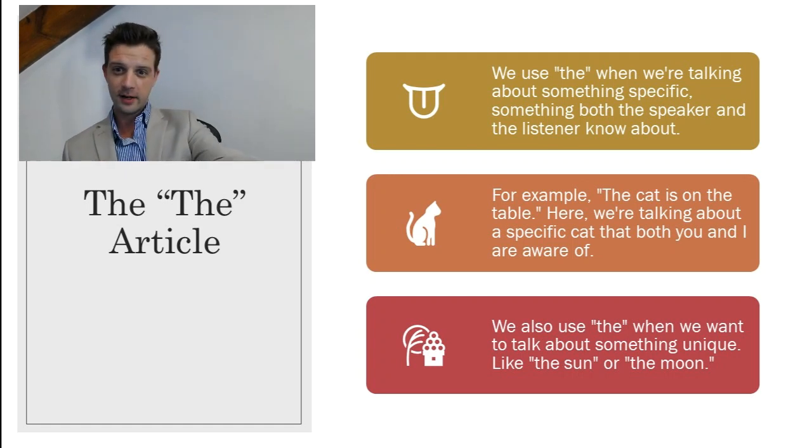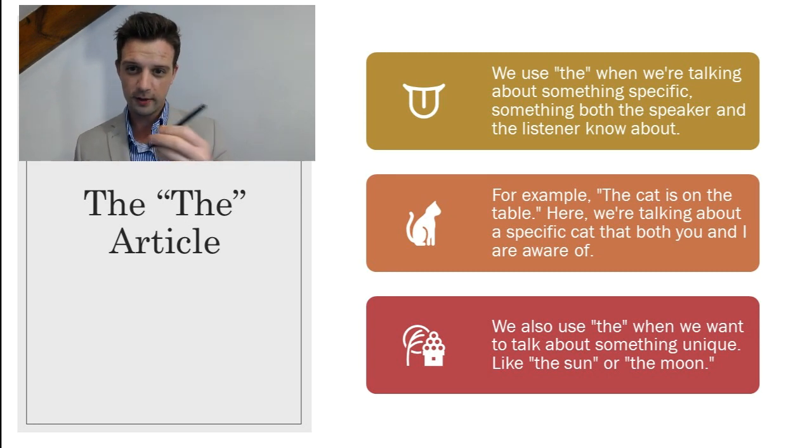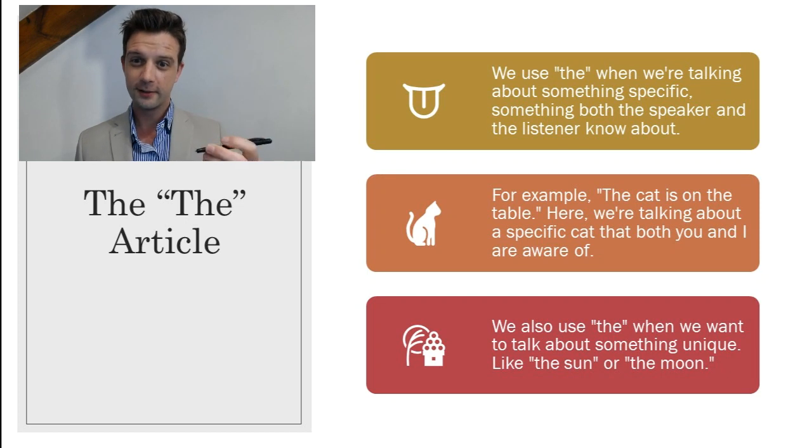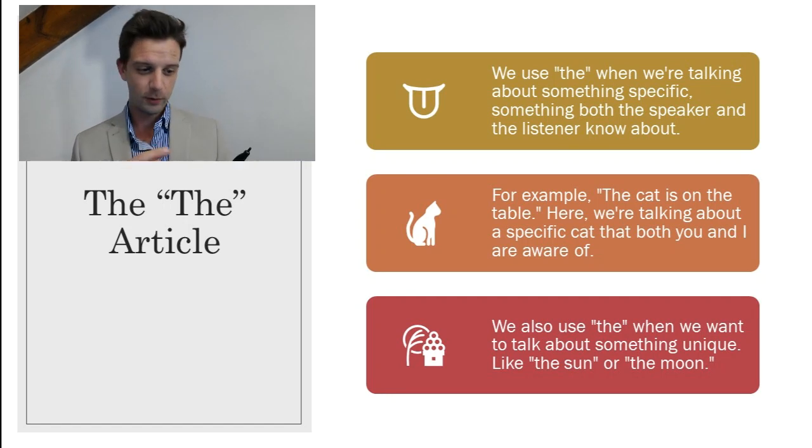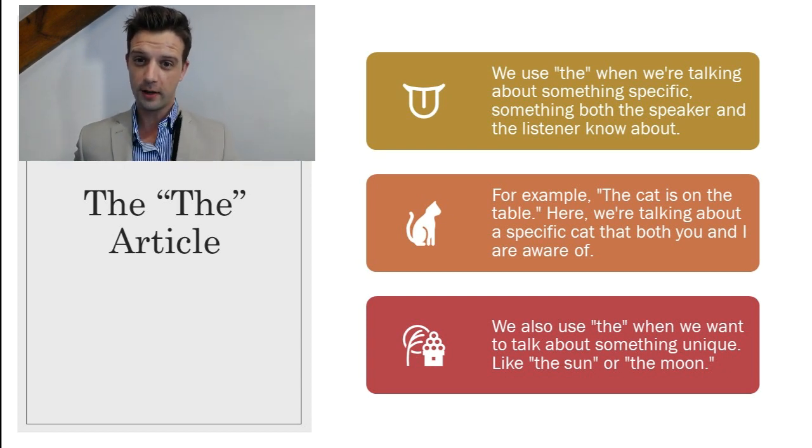And maybe my friend Bob gives me a pen. Now, I start using the pen, and I say, oh, Bob, the pen doesn't work. Bob knows, and I know, we're talking about this pen, not a pen. So that's when we use the: when you know what I'm talking about and I know what I'm talking about.